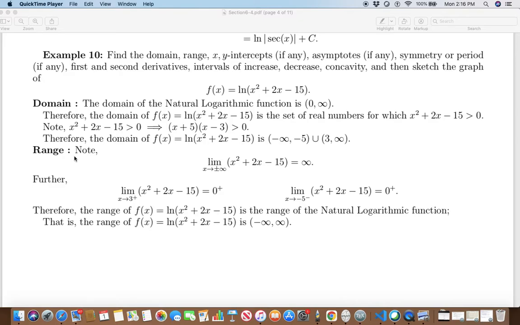Now let's understand the range. As x approaches plus or minus infinity, remember you have two branches. You could go to positive infinity or negative infinity.